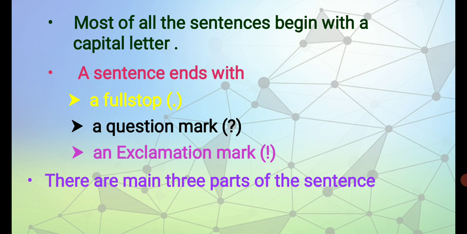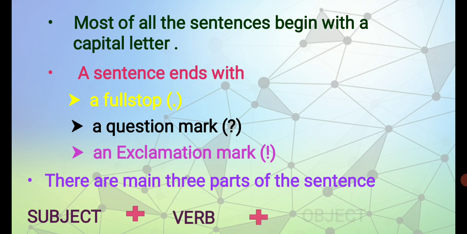But now we will see what the important parts of the sentence are and what parts we need to make a sensible sentence. And the three main parts are subject, verb, and object. So these are the three main parts: subject, verb, and object.